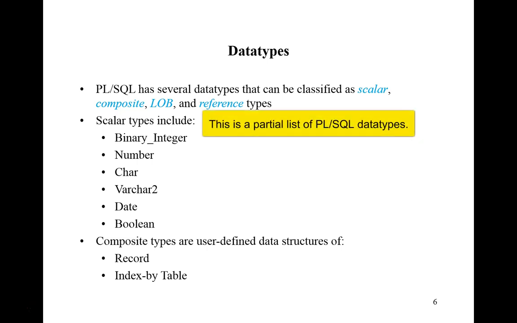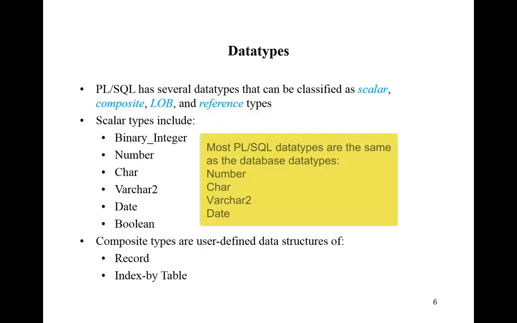Now the scalar data types are listed here: binary integer, and then you see number, char, which is fixed length, varchar2, which is variable length, date, and Boolean. This is one of the benefits to using this language of PL/SQL over learning Java or C++ or COBOL or some other language and have it talk to the database.